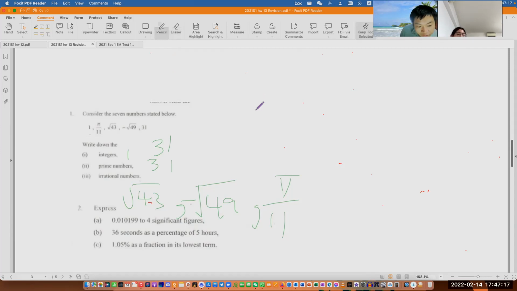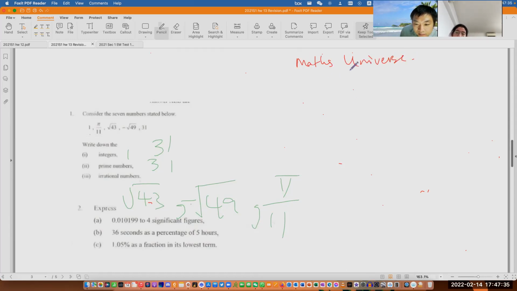Before we decide what these numbers are, I think it's better for us to look at the map, our mathematics universe, if you still remember.